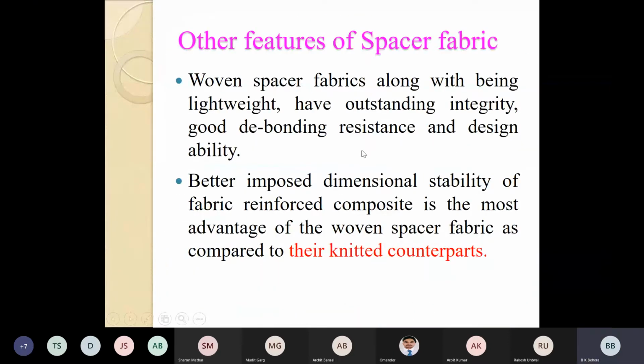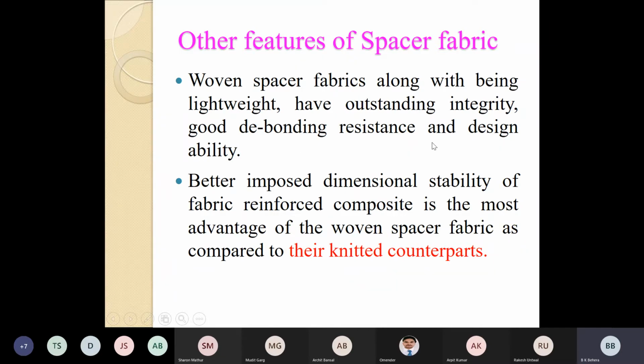So that is the meaning of outstanding integrity, lightweight, and good debonding resistance, because they are bonded by weaving. They are not bonded by adhesive. They are not bonded by stitching, or by any chemical or mechanical means. They are joined because of interlacement of warp and weft by weaving itself.